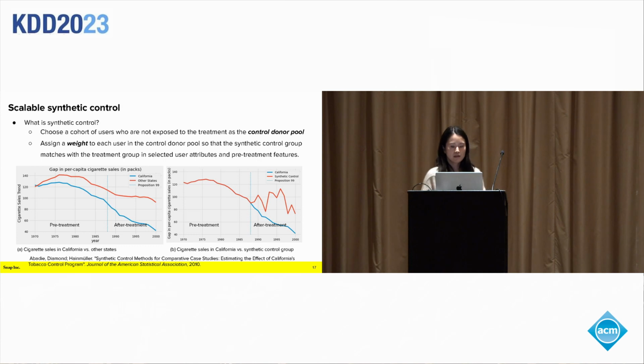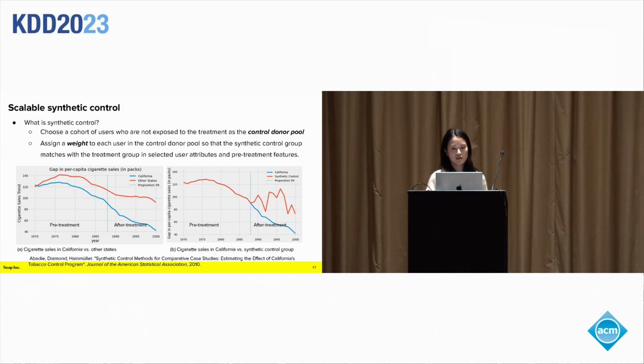So what we do is construct the synthetic control group by using the data from other states as the control donor pool. Then we put weights on the data and try to match that group's pre-treatment trend with the sales in California.